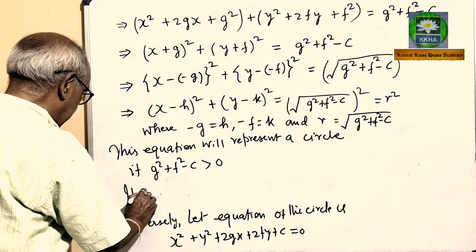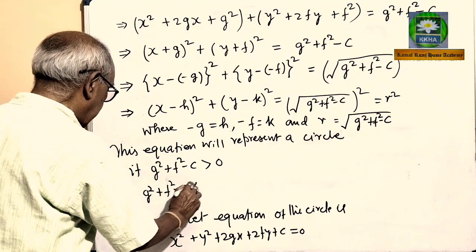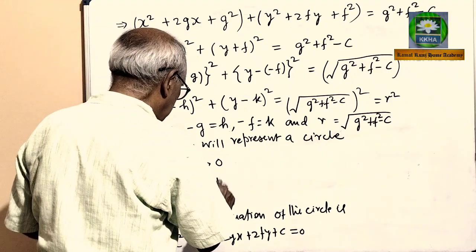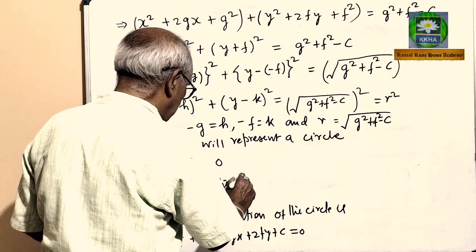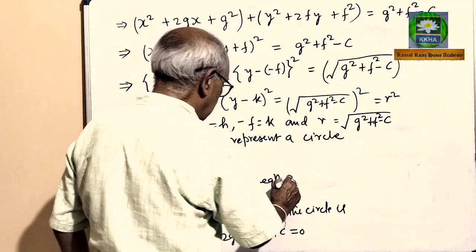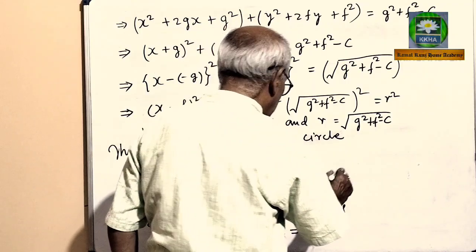Now if g square plus f square minus c is less than 0, then the equation does not represent a circle.